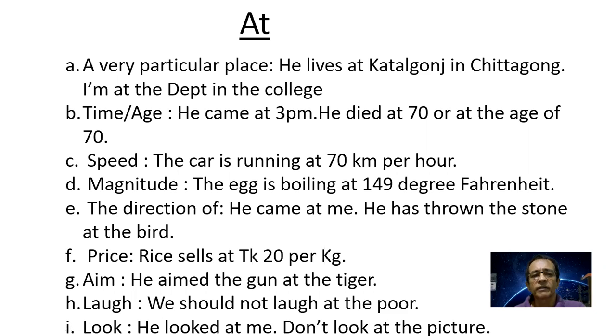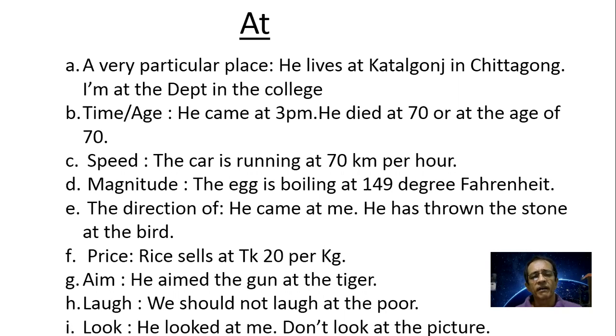Then speed. At is used for speed. The car is running at 70 kilometers per hour. Then magnitude. The egg is boiling at 149 Fahrenheit. Then the direction of. He came at me. He has thrown the stone at the bird.